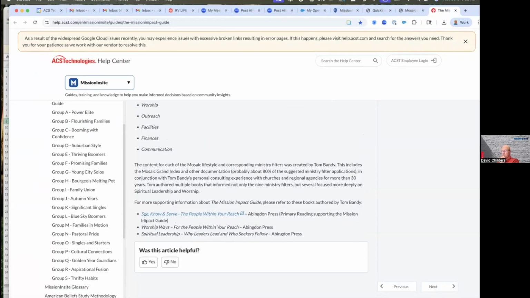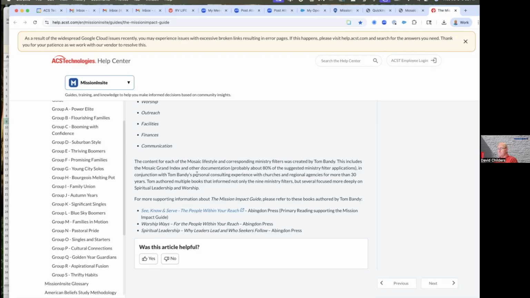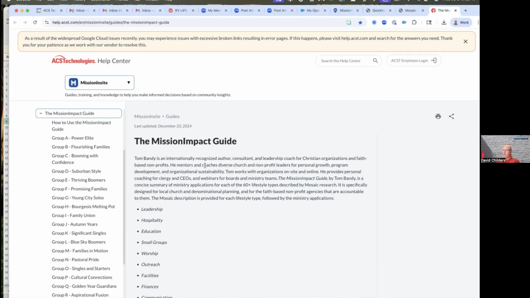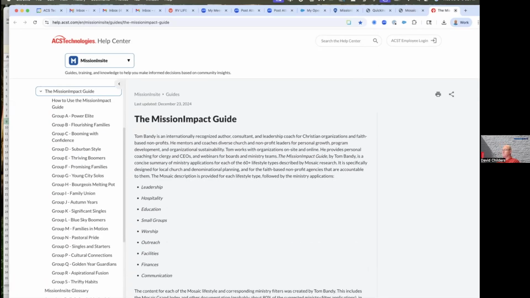And he's written books: See, Know, and Serve, The People Within Your Reach, from Abingdon Press. Another one called Worship Ways, and another one called Spiritual Leadership. Bandy wrote all three of these, and they are the foundational source he built this information off of. So, FYI, now you know more about Tom Bandy and where he came from. I wanted you to see that today as a part of our presentation.